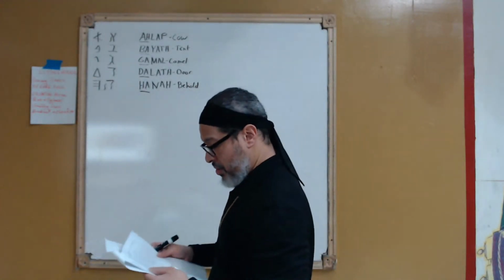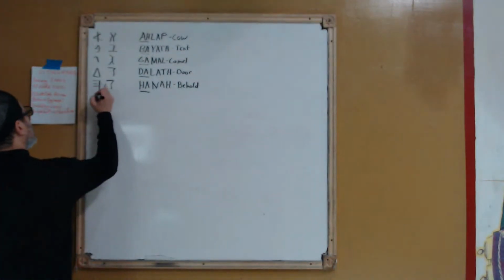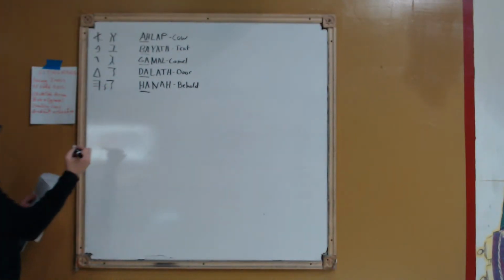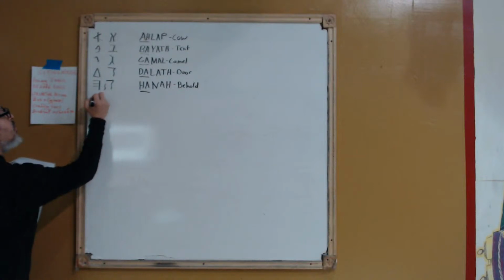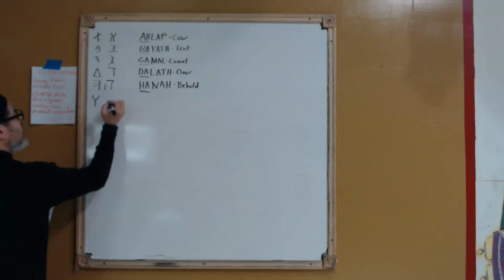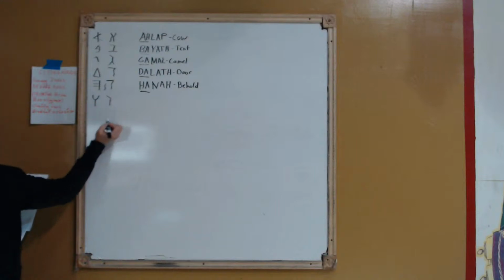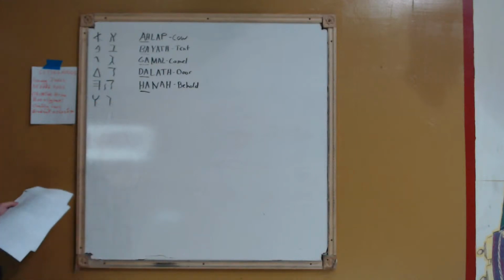All right. Next we have is the wa. So it's like a U, a line down. And then a slanted line and a line straight down for the Assyrian.